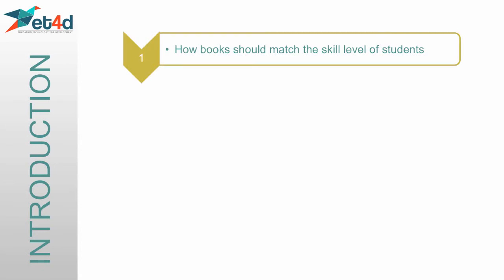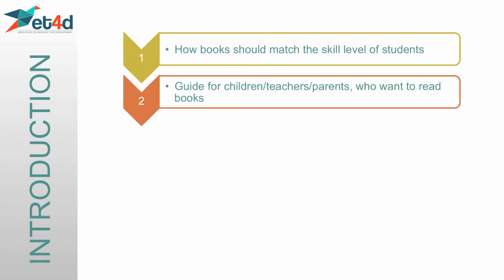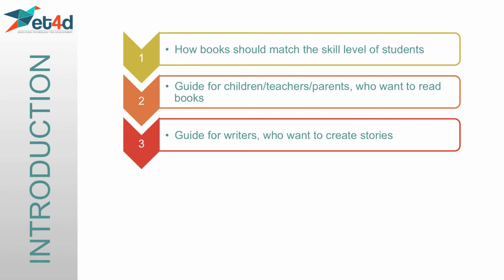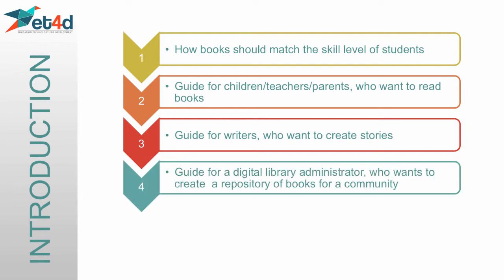This training includes 5 guides. 1. A guide to understand how books should match the skill level of students. 2. A guide for children, teachers, and parents who want to read books. 3. A guide for writers who want to create stories. 4.